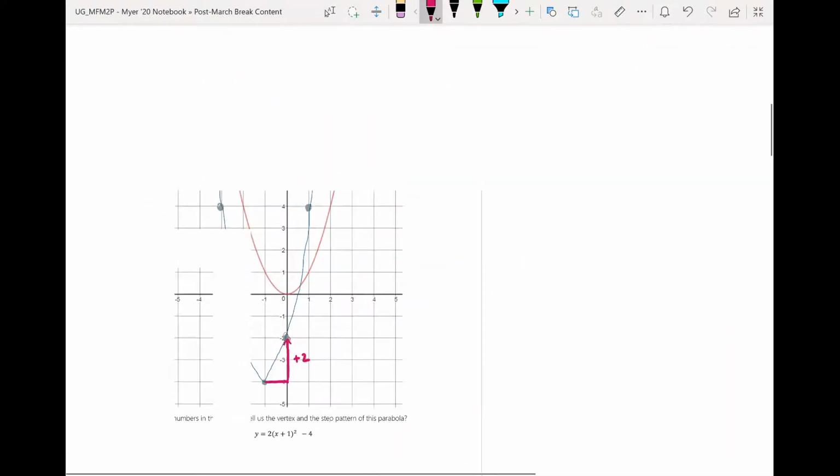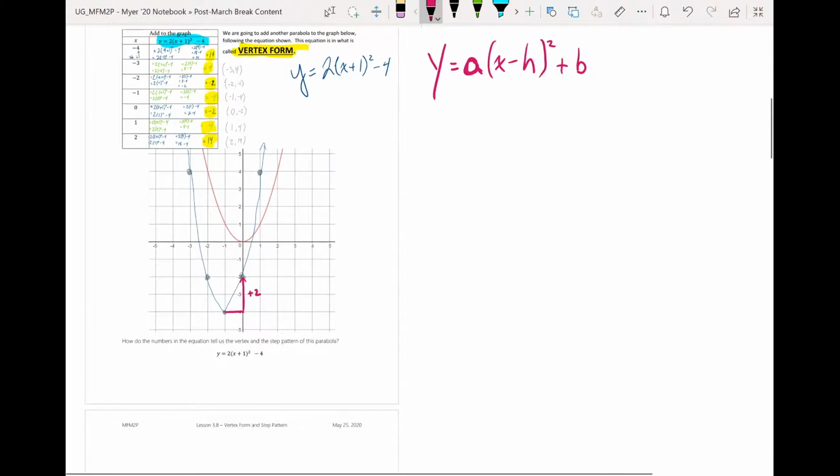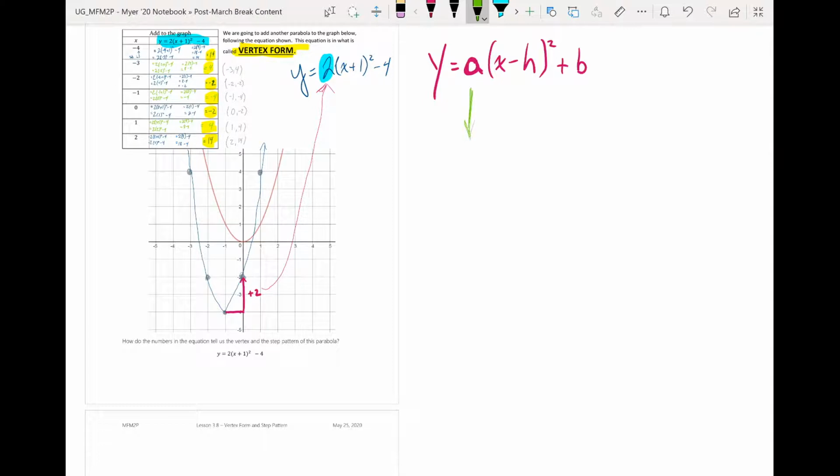This plus 2 corresponds to this plus 2 right there. That 2 is our step pattern. So the very first thing in the equation, where that letter A is, is the step pattern. That's the value of the step pattern. So whatever the number is, that's how we know what the step pattern would be.